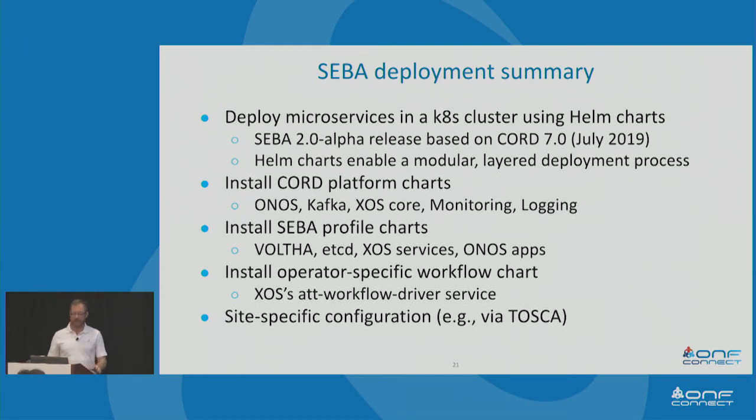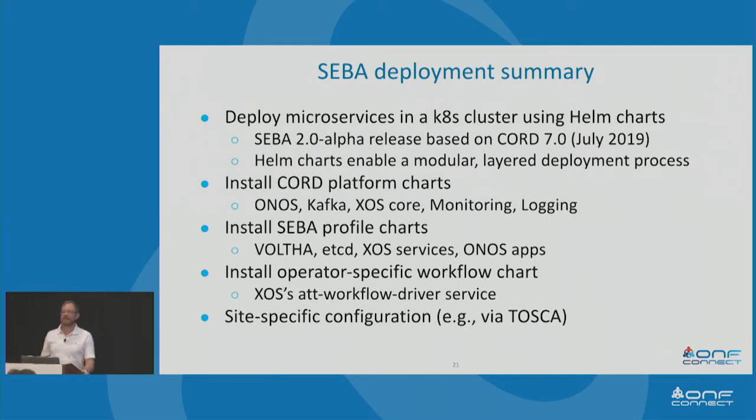For the lab, we're going to be using XOS's ATT workflow driver service. So this is AT&T's subscriber logic. But this is modular. You could swap in different modules for other operators. And then finally, all of the installation to this point has been generic, what you would do for any SEBA installation.